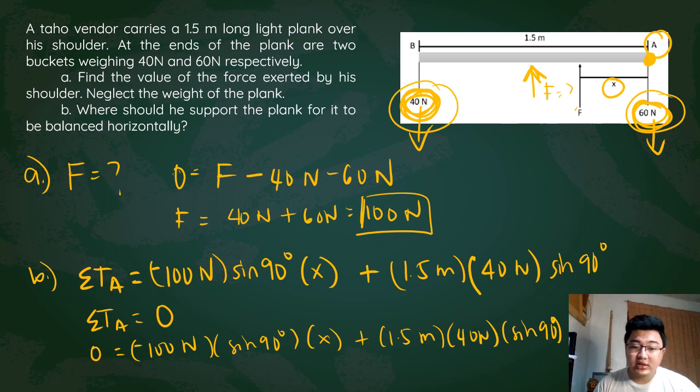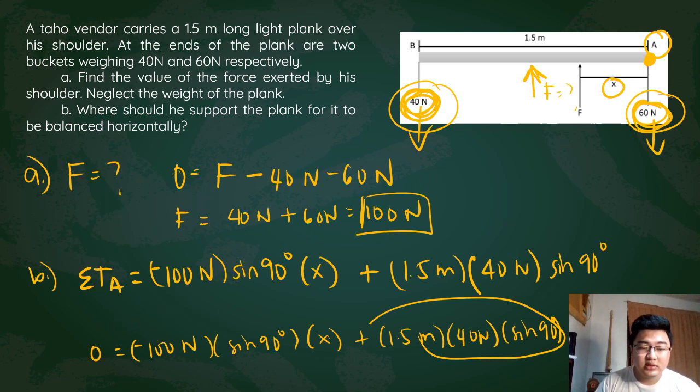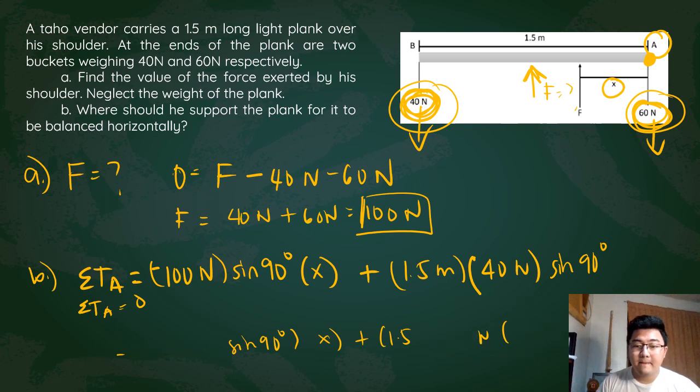Now, what will be our equation for x? Deriving an equation for x, we just need to transpose this to the other side. Let's rewrite that one so that we can fit everything.